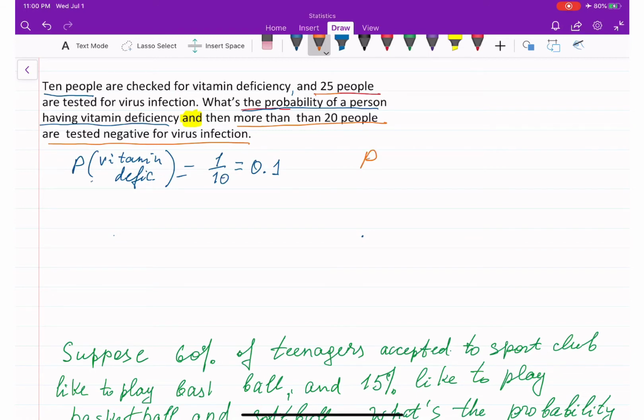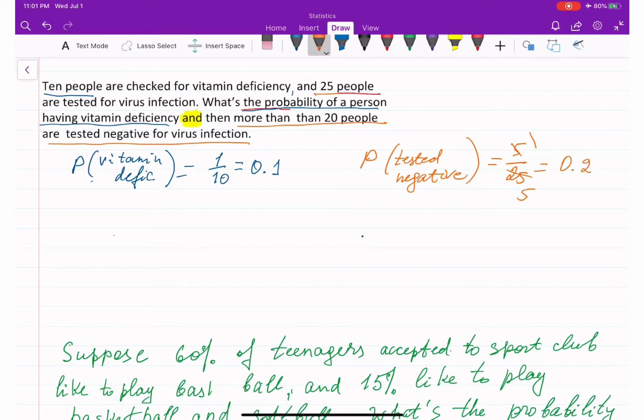So probability for tested negative. Okay, this is equal, so 5 out of 25, because more than 20 is going to be 5 more and total 25. This will be 1, this will be 5. So we get 0.2.